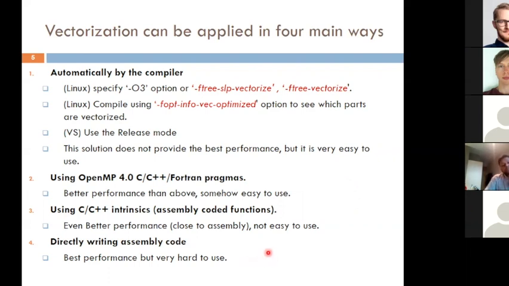And the last option is we can go to our loop body and directly write the assembly code, but it is a little bit hard to do sometimes. But I think out of these four ways of doing vectorization, mainly 1, 2, and 3 are being used significantly.